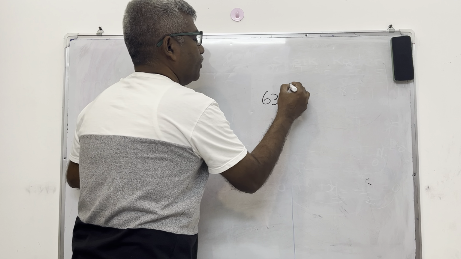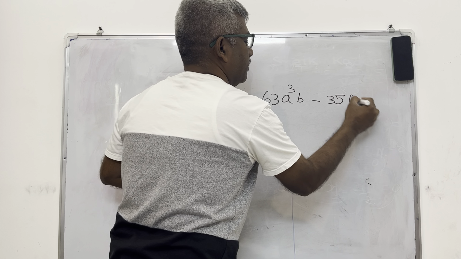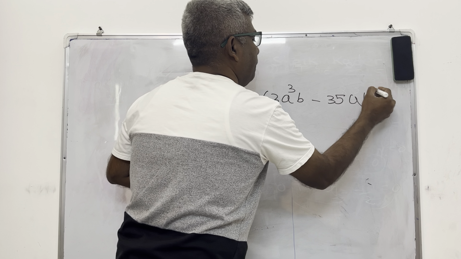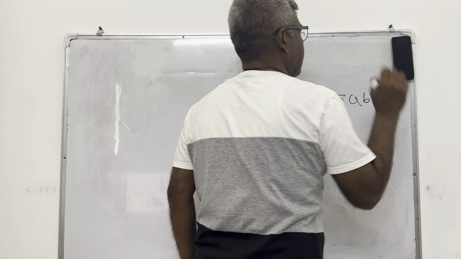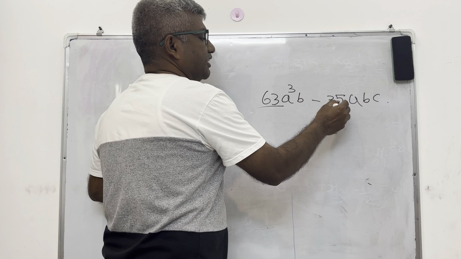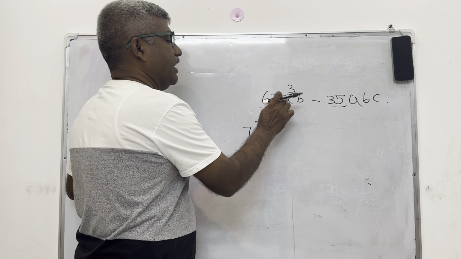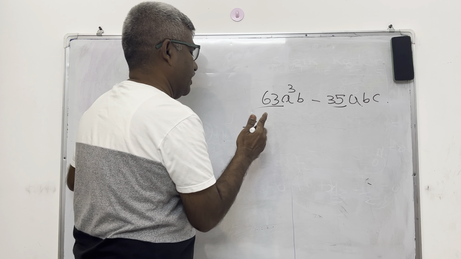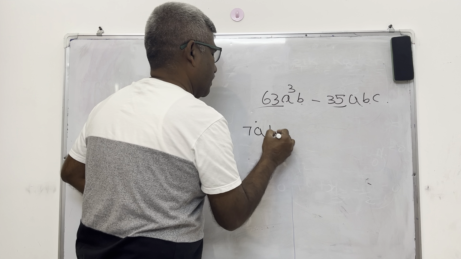63 a cube b minus 35 abc. Okay, here what is the common one? Greatest common factor of 63 and 35 is 7. a cube, a is a. b, b.